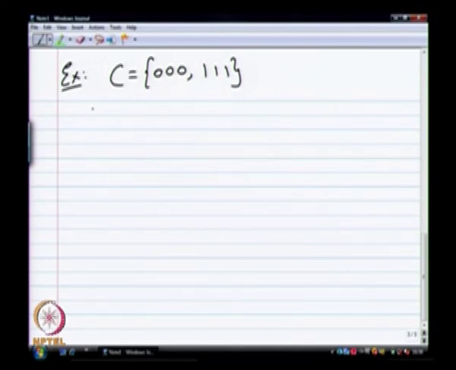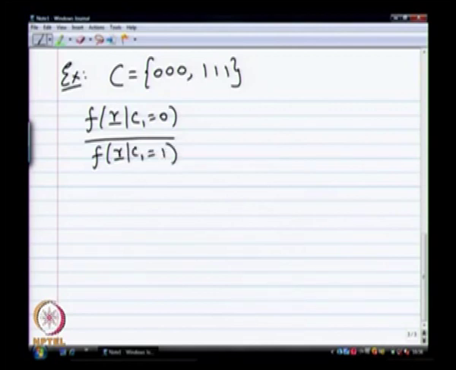Let us try to write down f of R given C1 equals 0 divided by f of R given C1 equals 1. Here you will get a slightly different answer which is not general, but anyway let me just write it down and then I will show something a bit different.